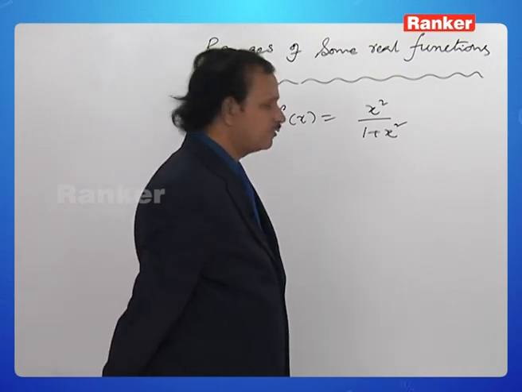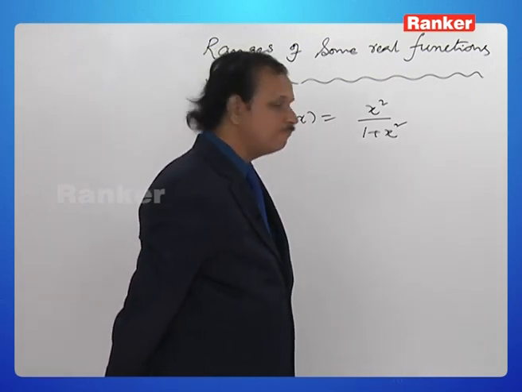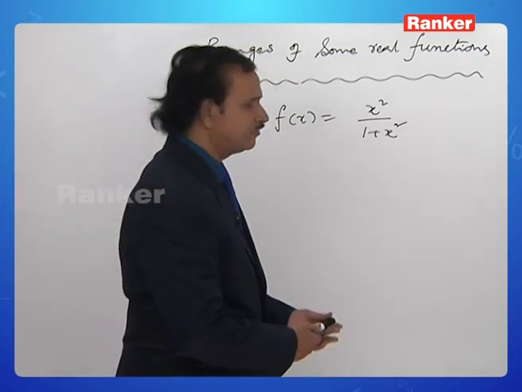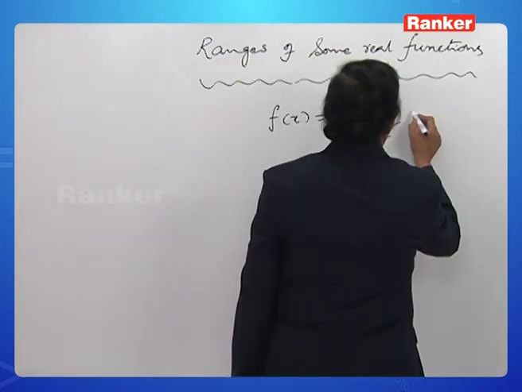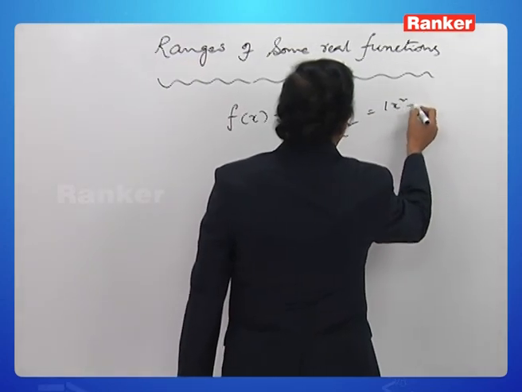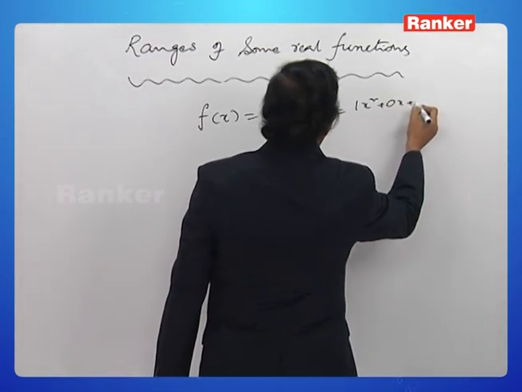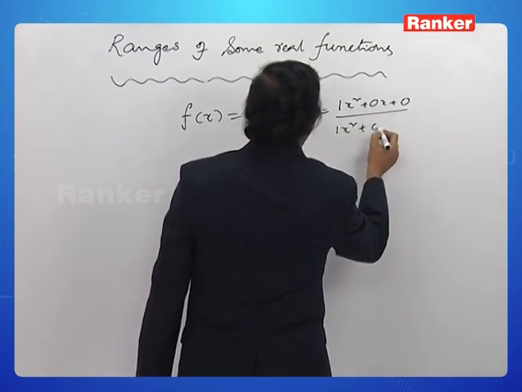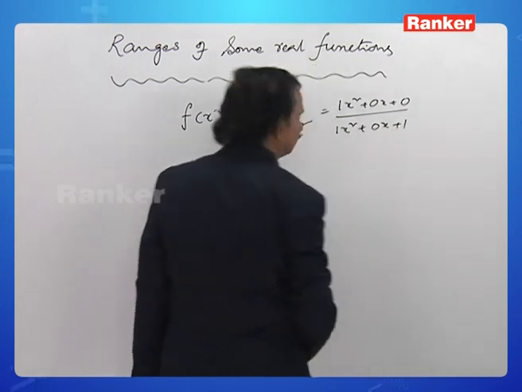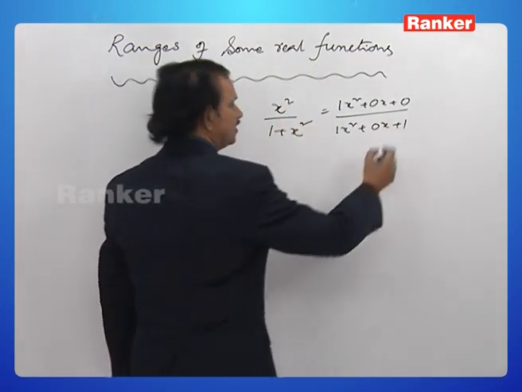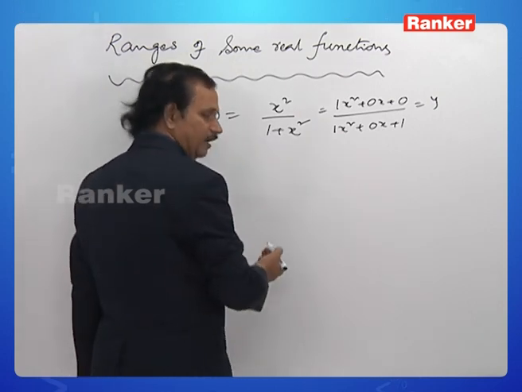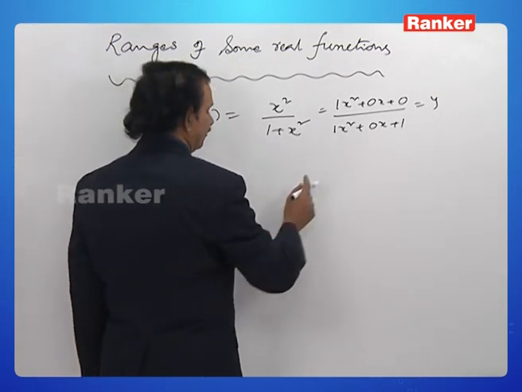You can estimate the answer by using the previous mechanism also. Why not? Let us use it. This is nothing but 1x square plus 0x plus 0 by 1x square plus 0x plus 1. As usual, we suppose it to be some y. Come on, think of the previous mechanism.